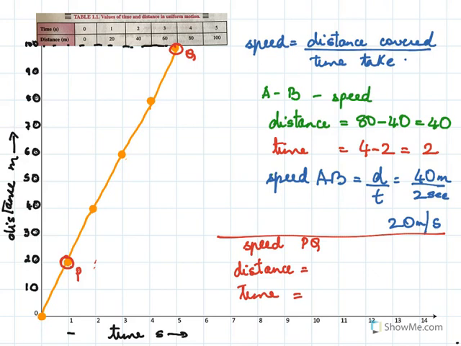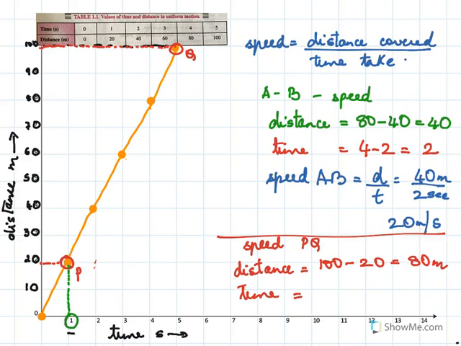At P, the distance was 20. It was at 20 meters away. And at Q, it is 100 meters away. So the distance traveled will be 100 minus 20, and that is 80 meters. Now let's see the time. At P, the time was 1 second.